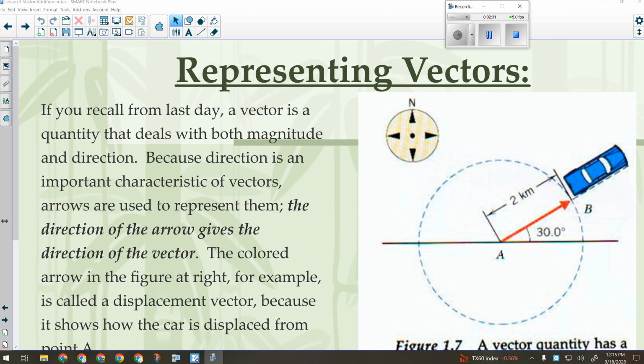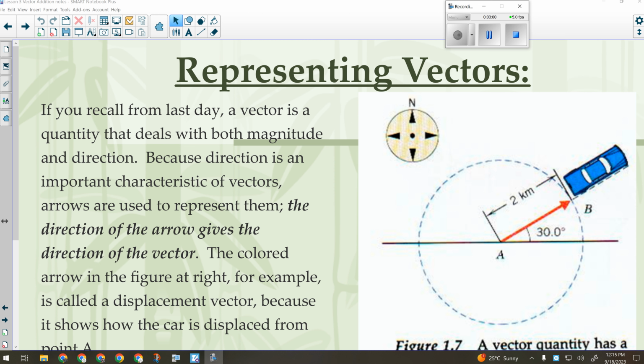There's only one vector that's truly northeast, and that would be 45 degrees north of east, which also happens to be 45 degrees east of north. That's the only vector that's truly northeast. There are 90 vectors between east and north. They would technically all be northeast, so we can't really do that. That's why we always say it's measured from this vector in this direction.